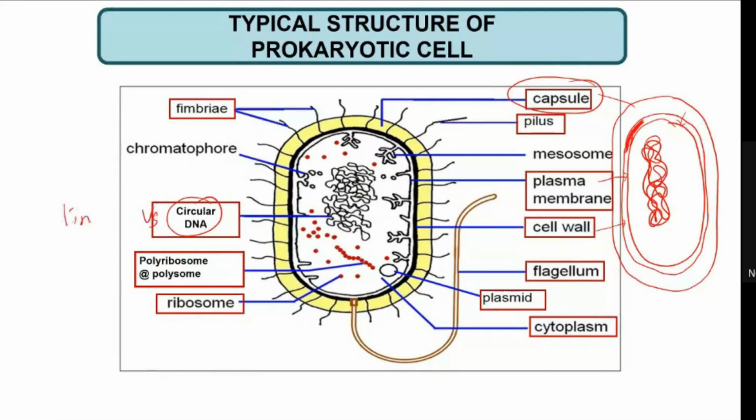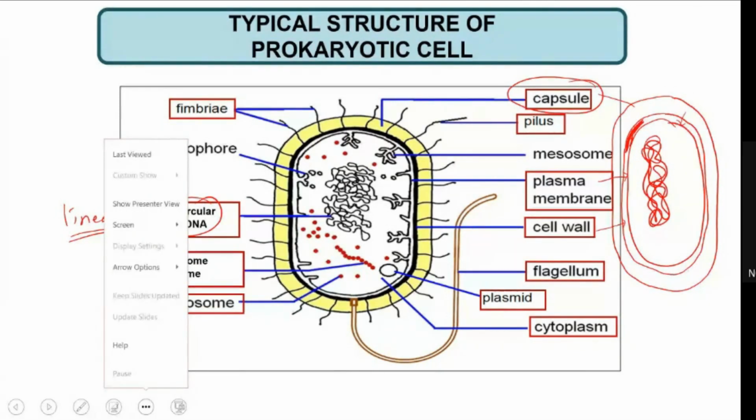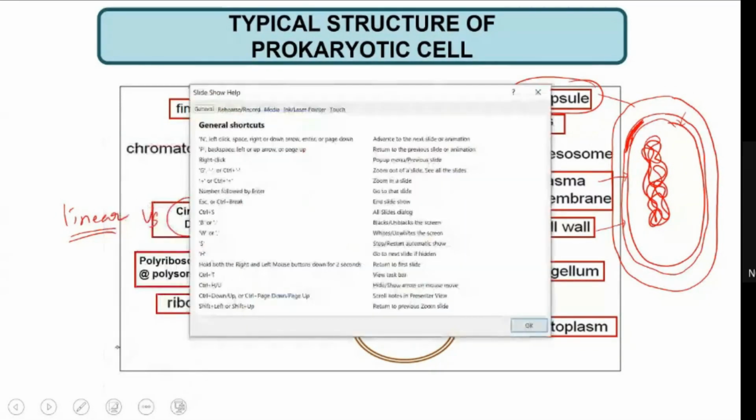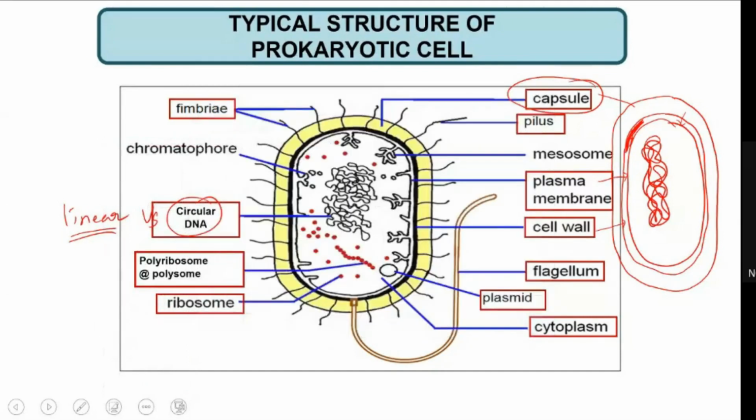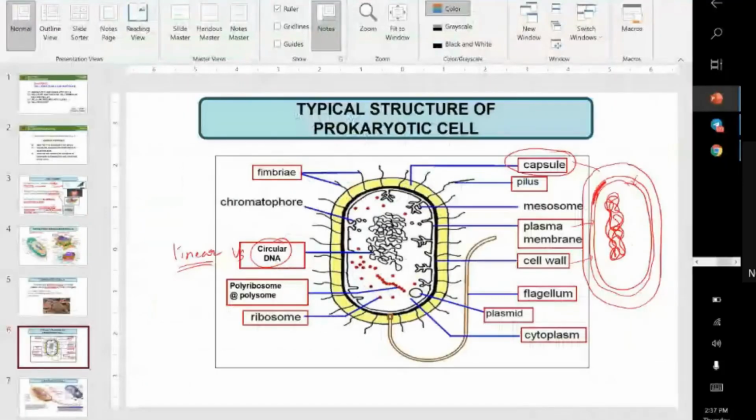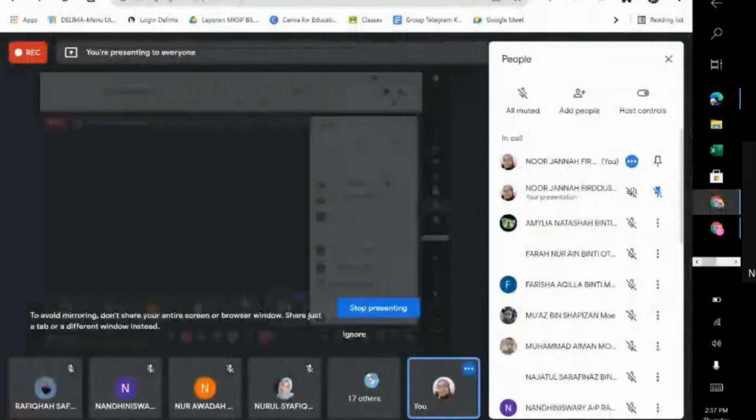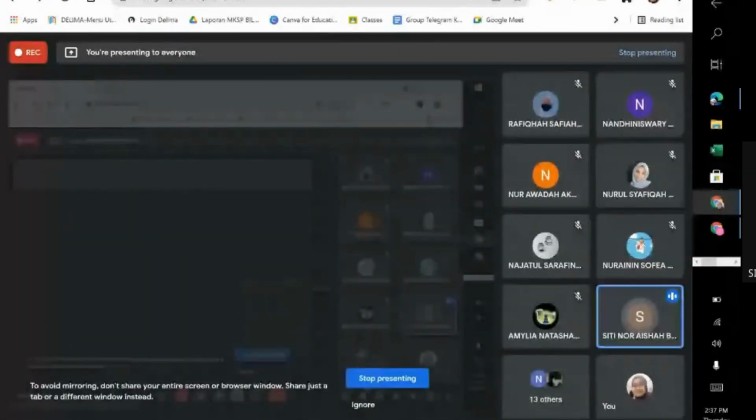Our DNA is called linear. Can you differentiate between circular and linear? Somebody? It is like a straight line, madam.